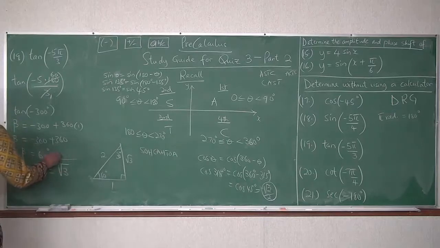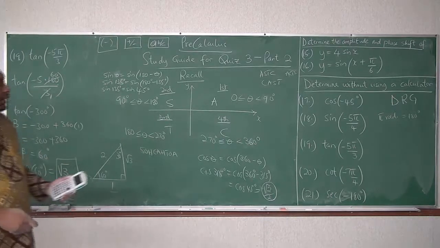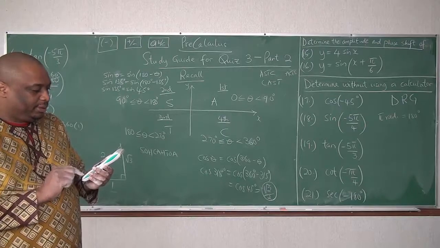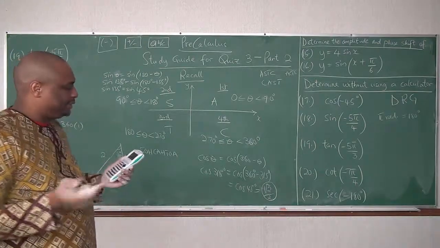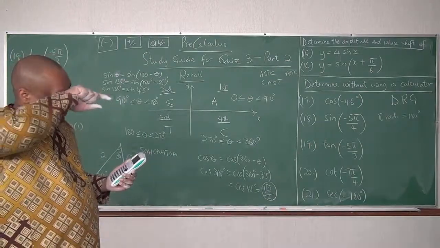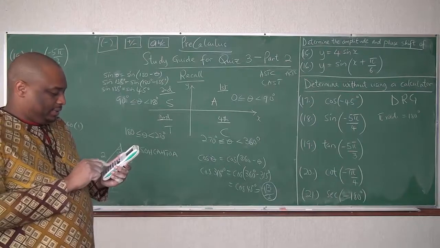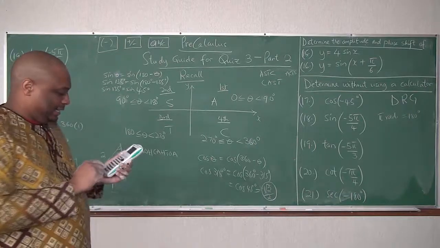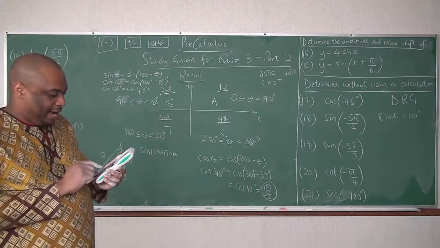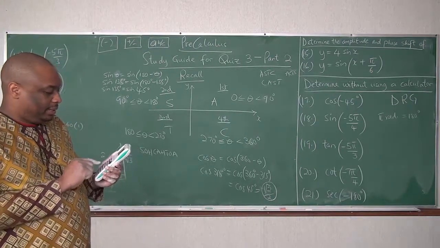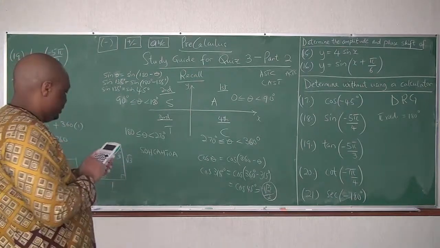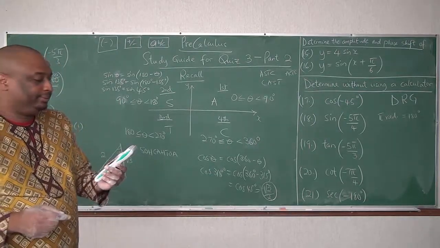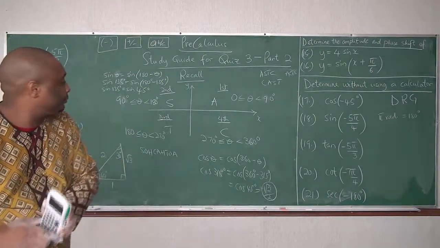Let's find root 3 first: shift root 3 is 1.732050808. Now let me do tan of negative 5 pi over 3, with radians equal to that. Yeah, that's the right thing, root 3.